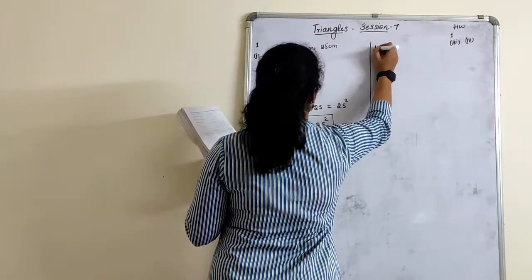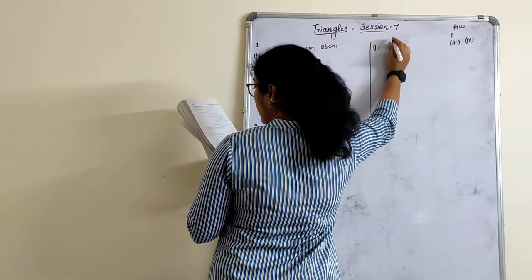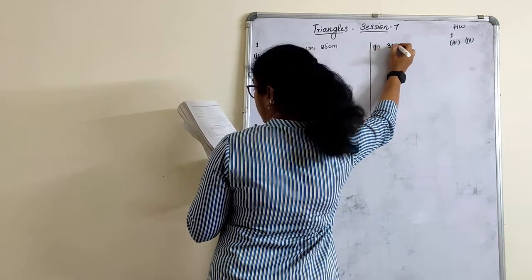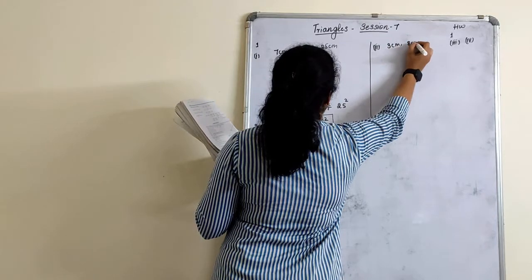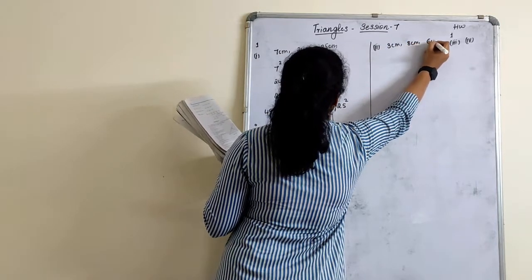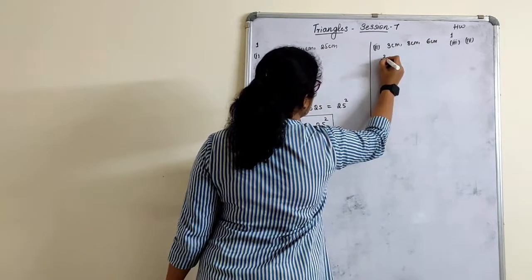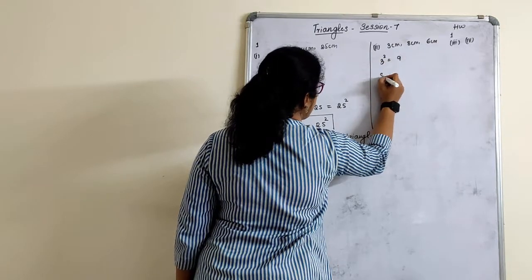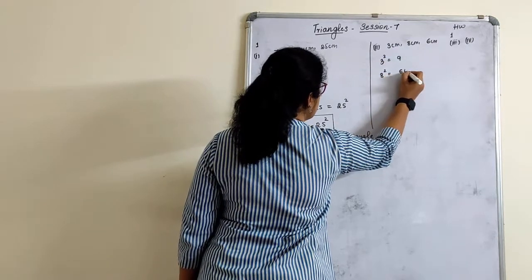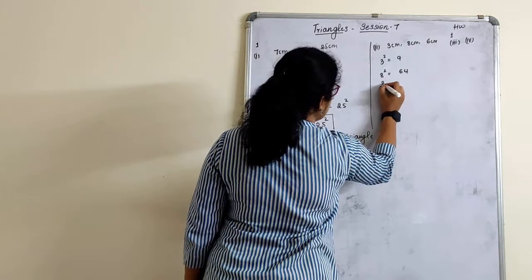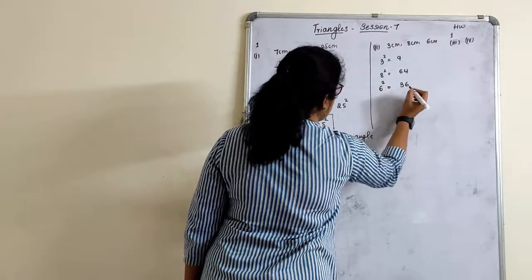The second one they have given here is 3 centimeter, 8 centimeter, 6 centimeter. So 3 square is 9, 8 square is 64 and 6 square is 36.